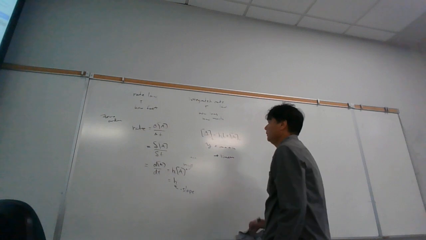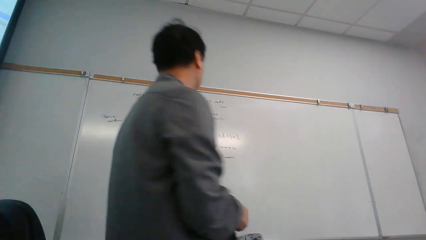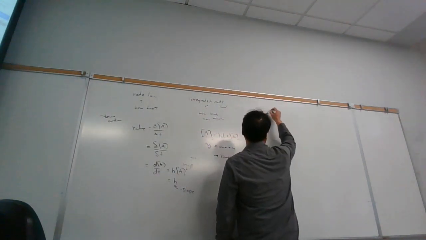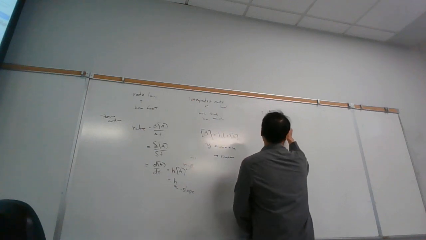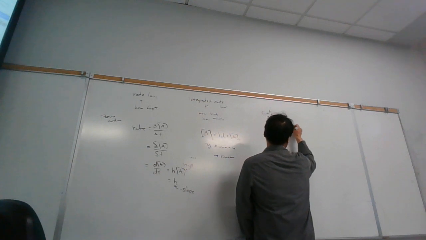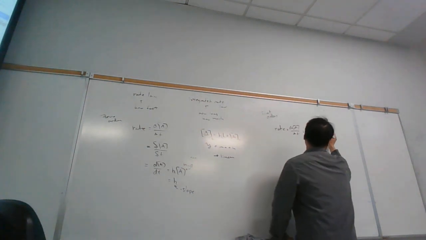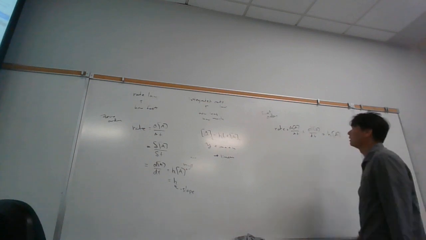Okay, if it's first order, then the rate is equal to delta A over delta T, which will decrease, the interval dA over dt, which is going to equal kA to the first power.